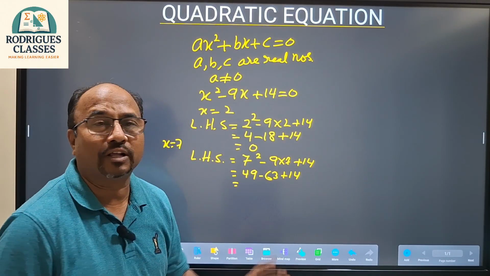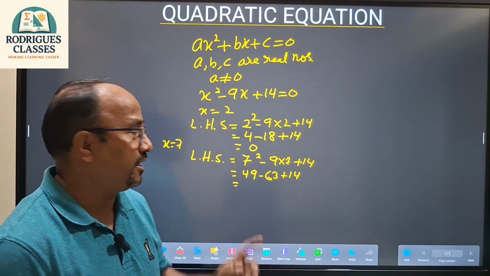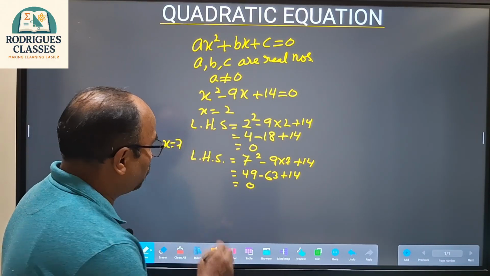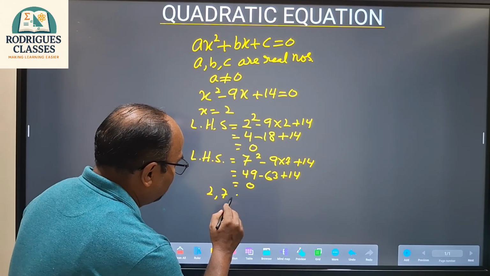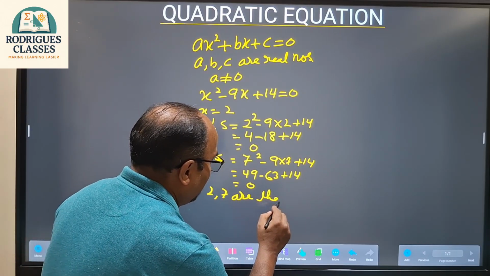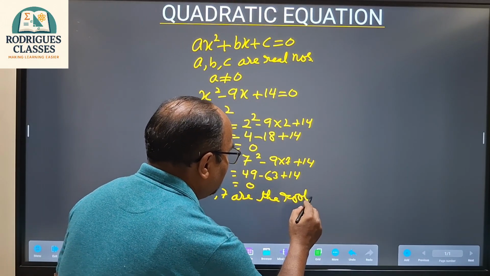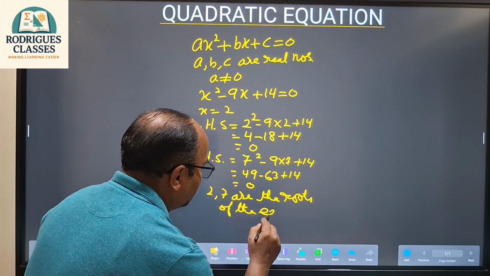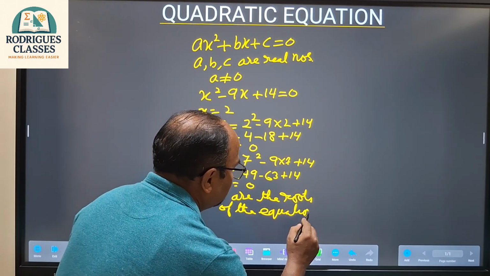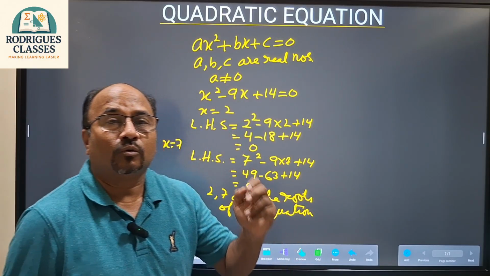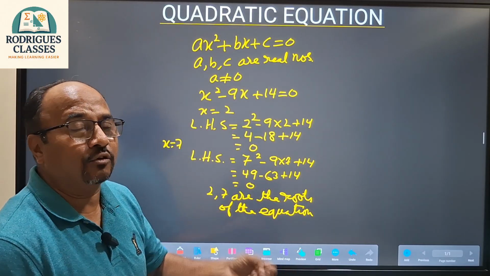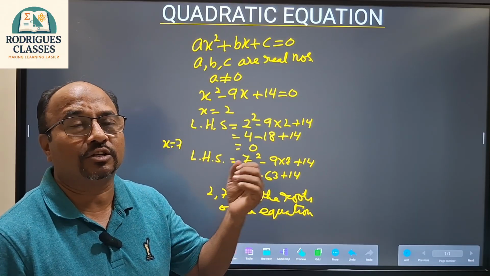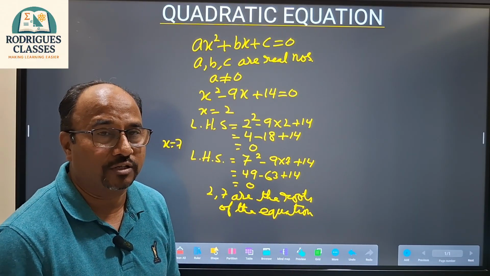Now if you add 49 and 14, you will get 63. Minus 63 is 0. So we call here that 2 and 7 are the roots of the equation. When we know the values for which we get 0, we can call them the roots of the equation or the solutions of the equation.